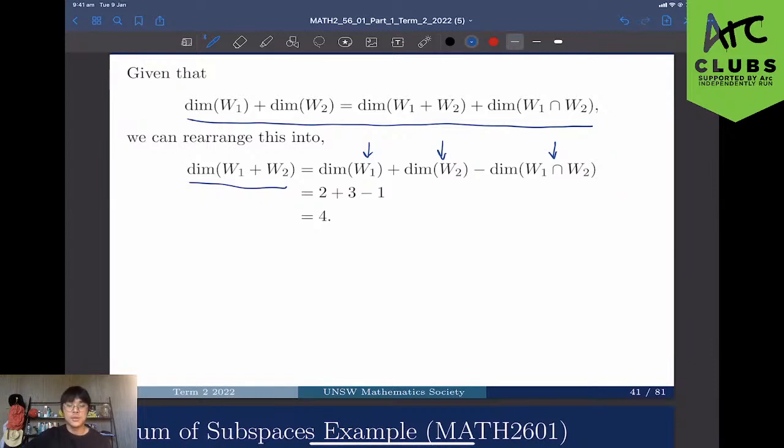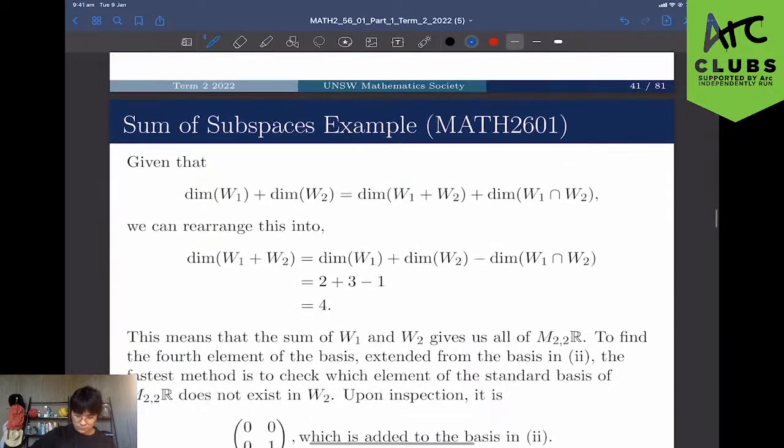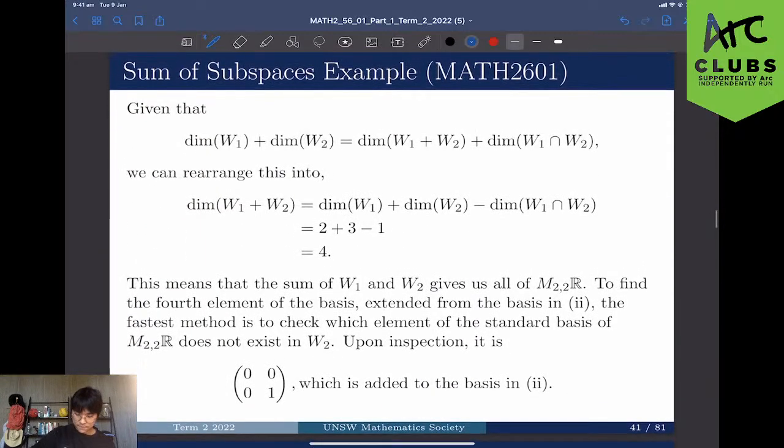But if we remember, we're in the space of 2 by 2 matrices, which means that if the dimension of the sum of W1 and W2 is 4, that means W1 and W2 span all 2 by 2 matrices. So that's what we have here.